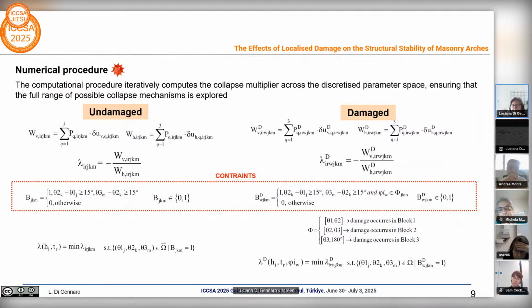The geometrical compatibility in both conditions was ensured by a Boolean matrix B that de facto filtered the lambda spaces, deleting geometrically incompatible cases, such as the cases for which theta 2, for example, is smaller than theta 1.